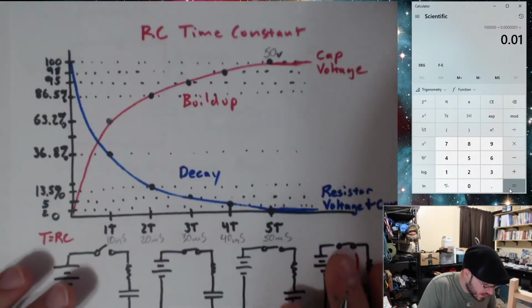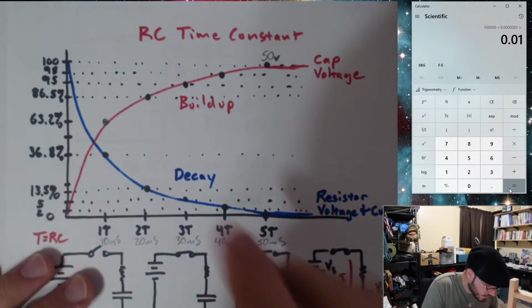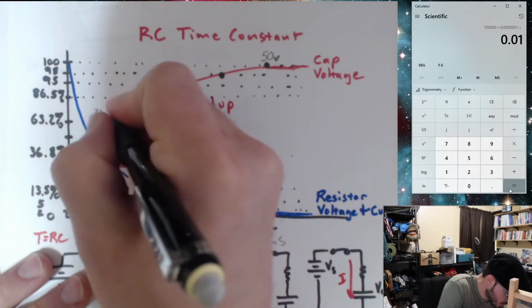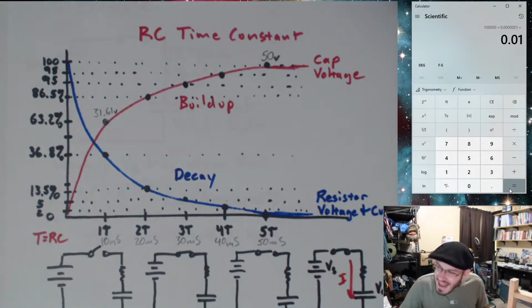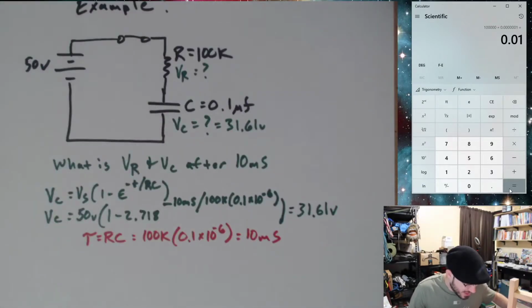So 31.61 volts. Cool. Now, we could figure out the voltage across the resistor and similarly the current through the resistor and the cap. We could figure those out actually just using KVL at this point.